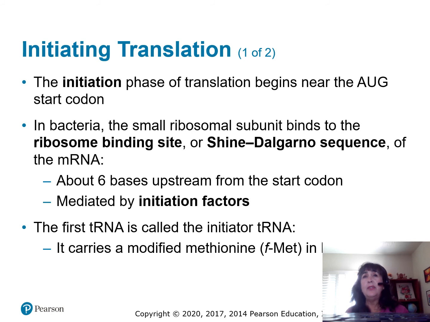This is where the ribosome and the messenger RNA bind to each other, about 6 bases upstream from the start codon. And this is done with the help of initiation factors. The first transfer RNA is called the initiator, but you guys know what it is. It's methionine, because AUG is always the first start codon.